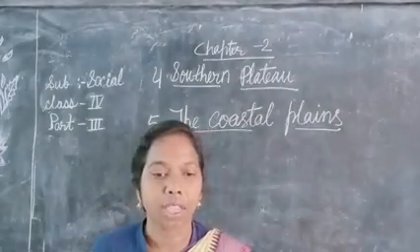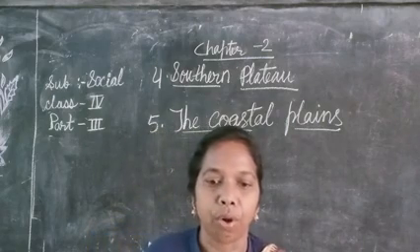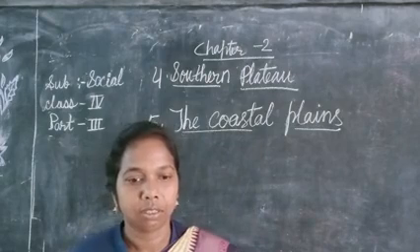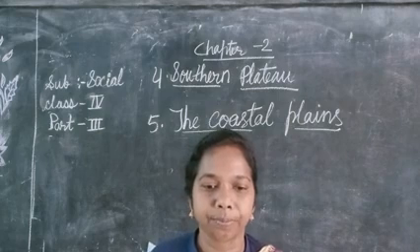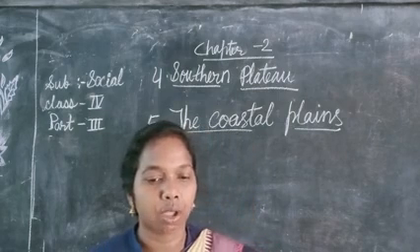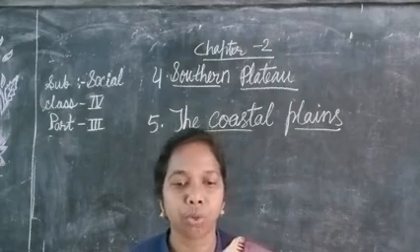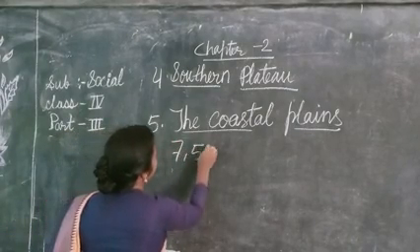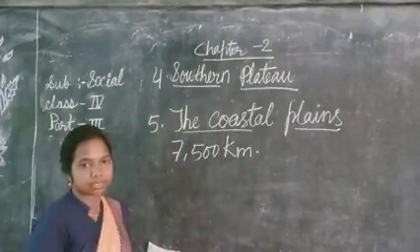India has a long, beautiful coastline on both the eastern and western sides, extending to about 7,500 kilometers.